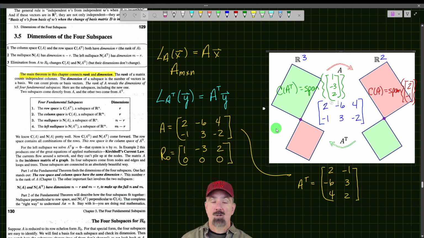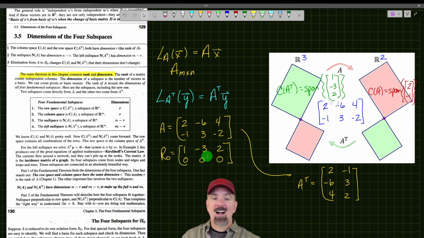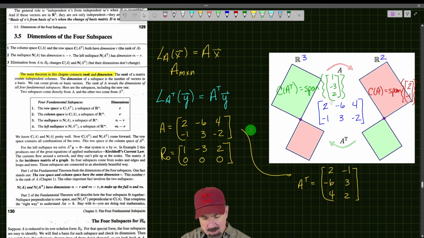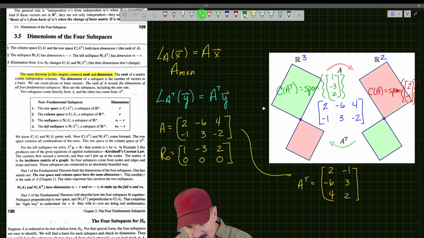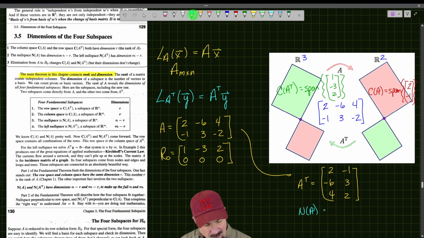Well, we know what the null space of A is. The null space of A is any vector that we can multiply times A or times R naught and end up mapping to 0. So the way we find this is using Strang's special vectors. The null space of A, or A transpose, we'll deal with A first.